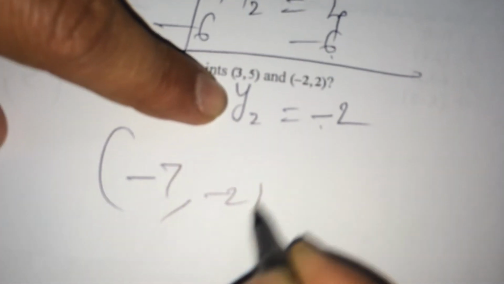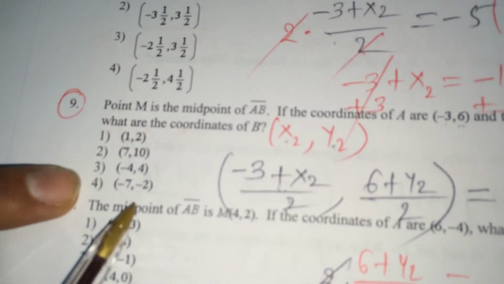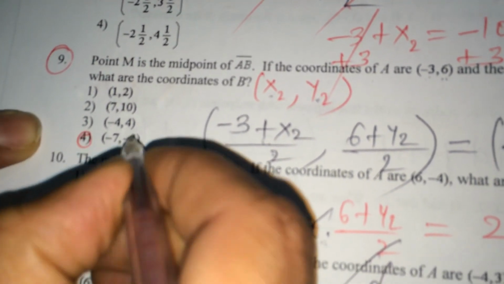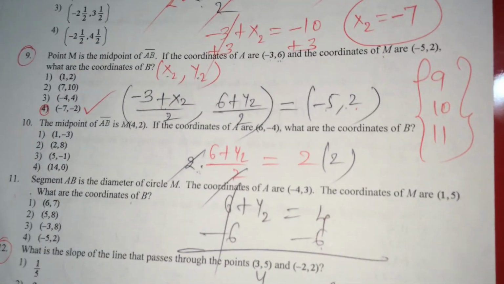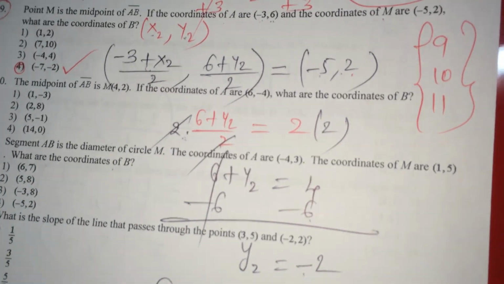Therefore, the point is x2, how much we got? Negative 7. And y2 is negative 2. For this answer, when I search 1, 2, 3, 4, it is available at 4. So 4 is the correct answer. In this way, please practice 10th and 11th, similar to the 9th one. Now, you can see the next 3 problems.